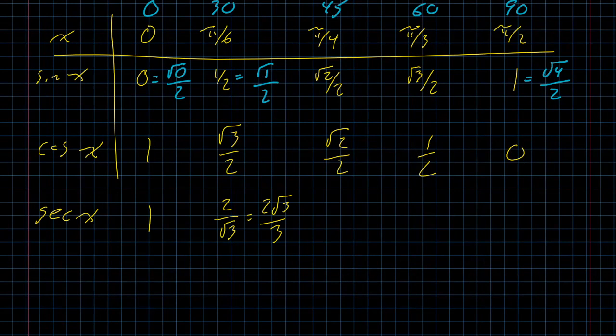I guess it would be 2 over the square root of 2, but that actually simplifies down to square root of 2. Then it's 2, and then it's, well, 1 over 0, which is undefined.